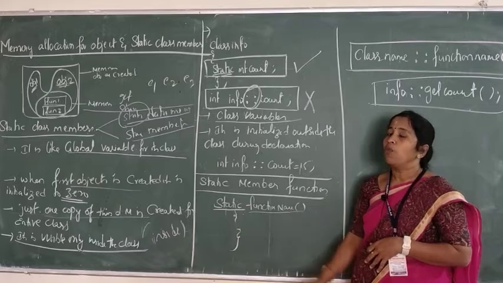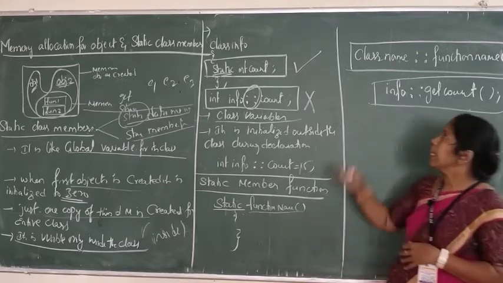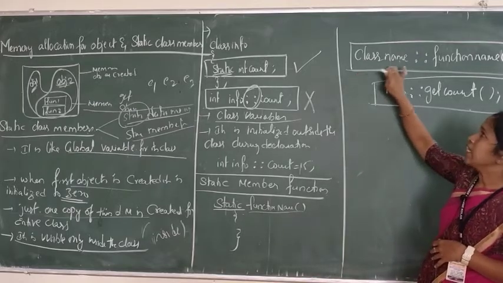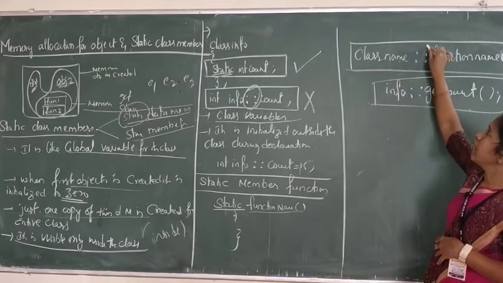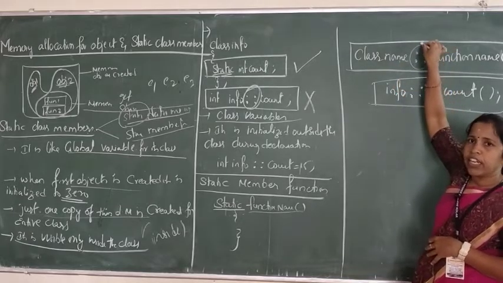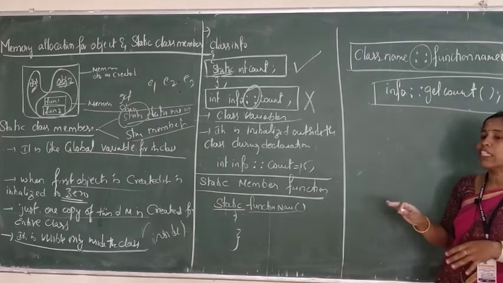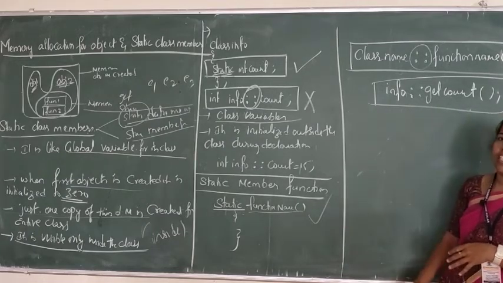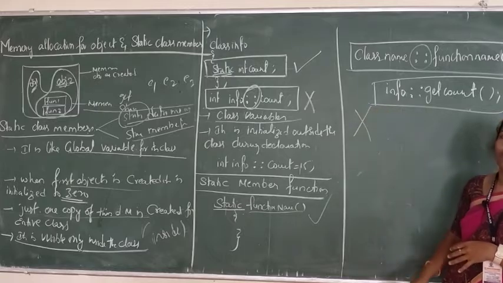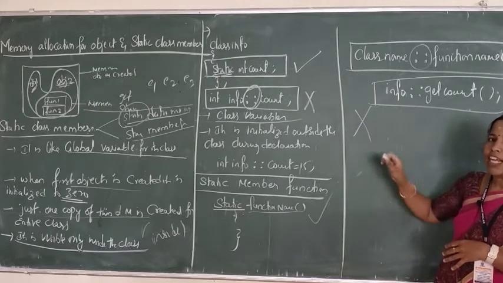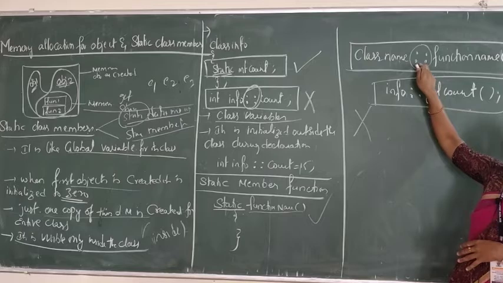Now, when you are defining it outside the class, you have the class name followed by the scope resolution operator and followed by the function name here. You are not using the static keyword. Inside the class you have to specify the static keyword, but here you are not using the static keyword. Directly the class name, then the scope resolution operator.